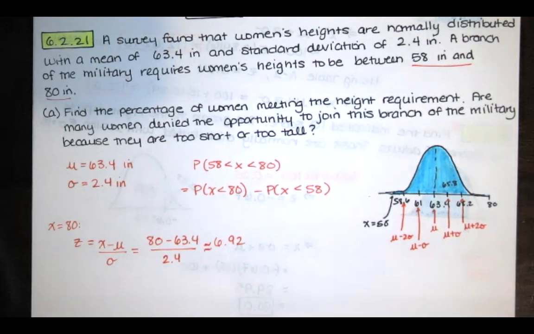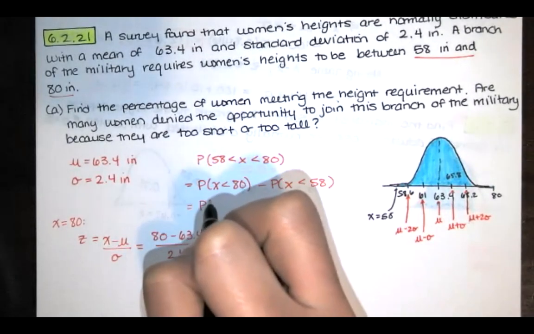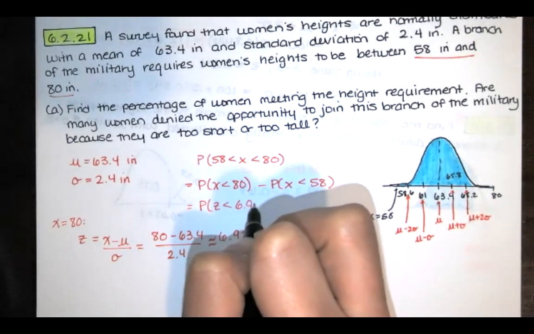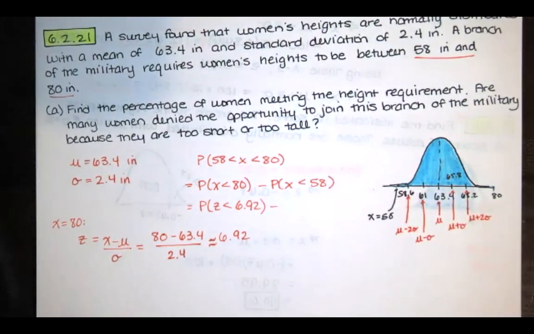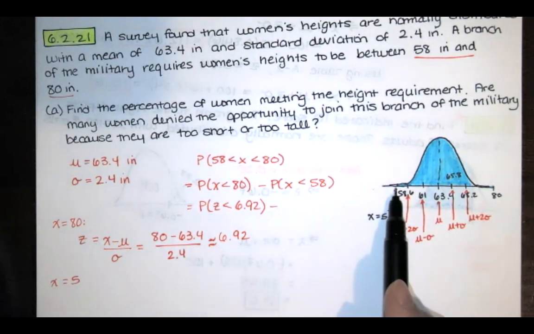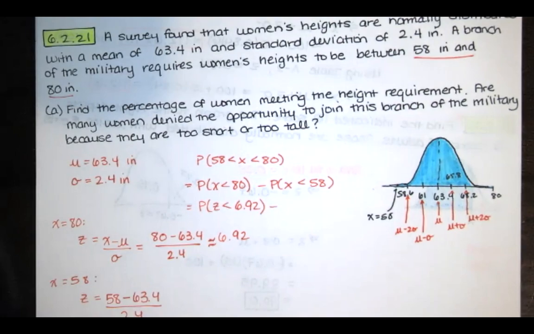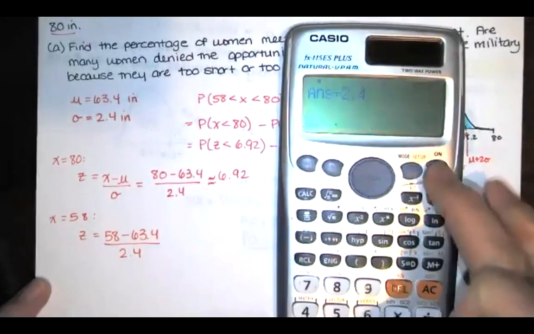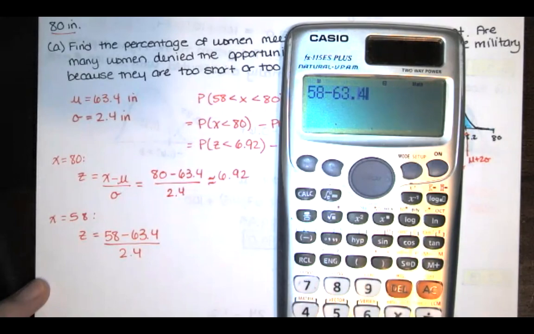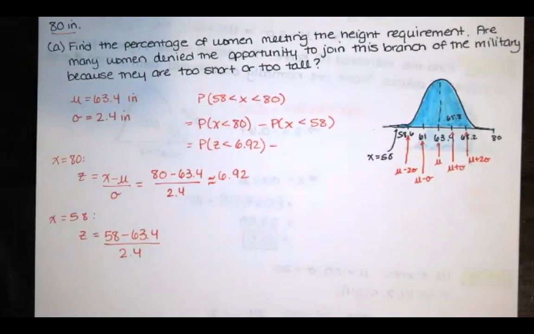It's way out there. So this first probability is the same as the probability that z is less than 6.92. And the second one, I think it's going to be a little bit more extreme than -2. We take our x value, which is 58, subtract 63.4 and divide by 2.4, and I get -2.25.